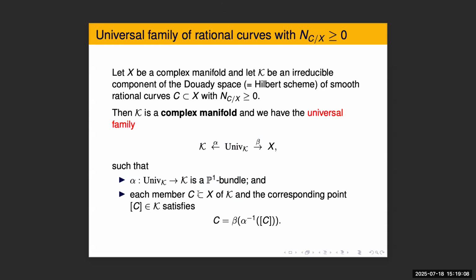Namely, for each member of the family, the corresponding point in the duality space K satisfies that the curve C itself is given by the fiber of alpha projected to X by beta. So this is the universal family. And in our setting, everything is smooth, so these are just two fibrations or two holomorphic maps over complex manifolds.